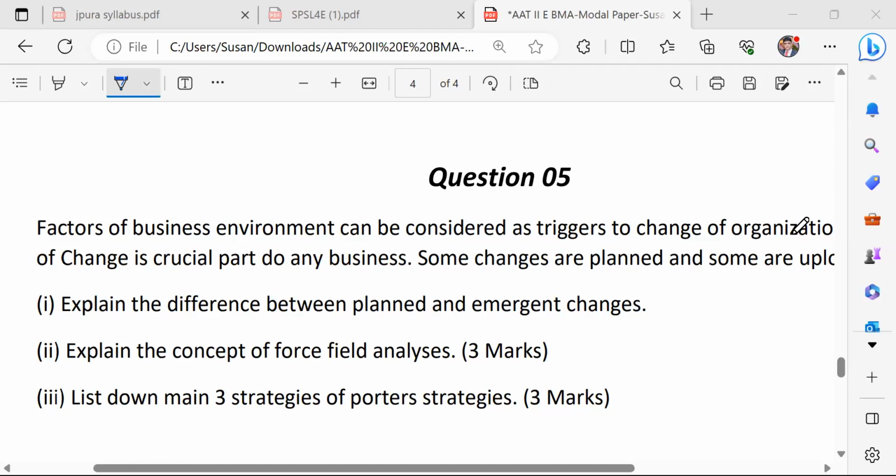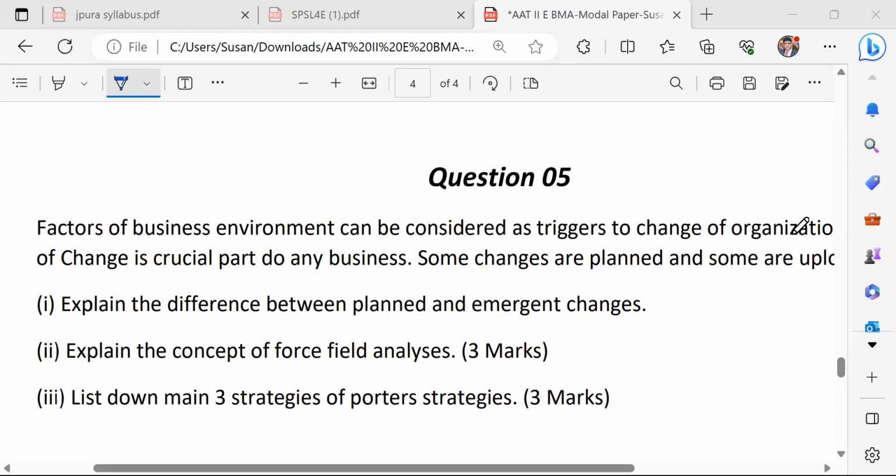There are 2 main forces: forces that encourage the change, and forces that discourage the change. These 2 forces interact with each other, and finally come to a conclusion that is known as equilibrium, right? That means a fixed position.